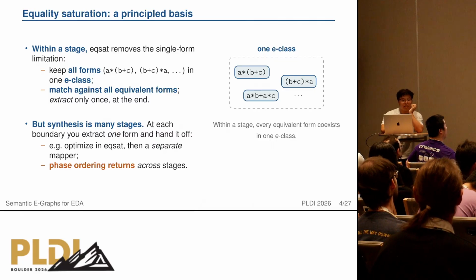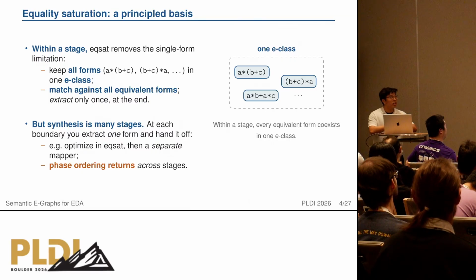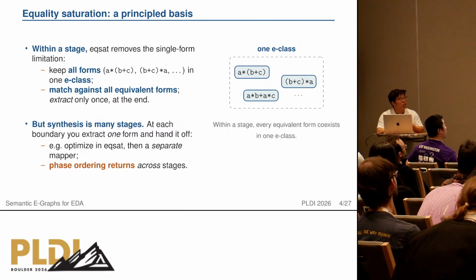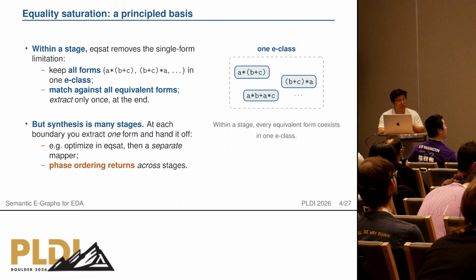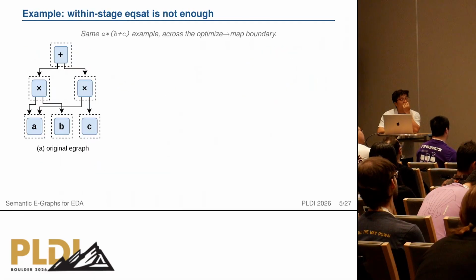However, this is not true between stages, because synthesis has a lot of stages, and at each boundary we have to extract one form from the previous stage and hand it off to the next one. For example, we may do the optimization in equality saturation but hand the result to a separate mapper, and the phase ordering issue returns.